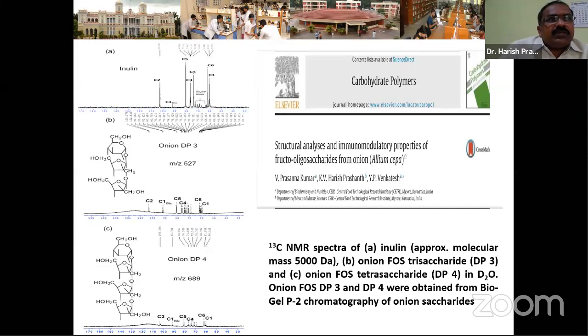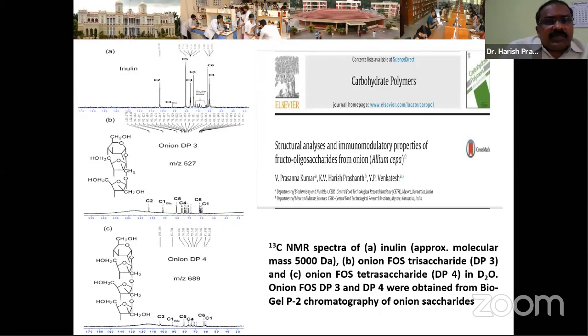There was a difference between isolated fructo-oligosaccharide immunomodulation as well as the one which we have pooled, or the cocktail sort of fructo-oligosaccharide. So here what I wanted to emphasize is especially DP3 and DP4, which had given very good results towards the immunomodulation.